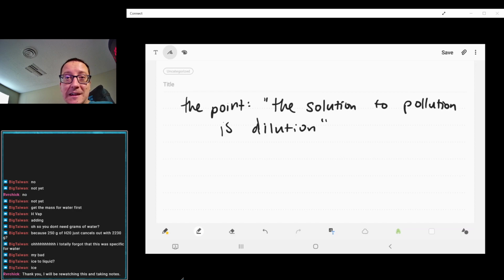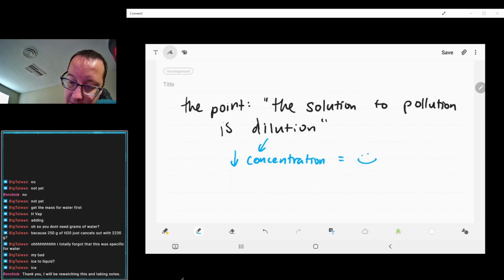So we're going to see that the more we can do to lessen the concentration of things, the better we're going to be overall in terms of the environmental impact of things. So if we can lower the concentration, that equals good things. And yesterday we were talking about SOx and acid rain.